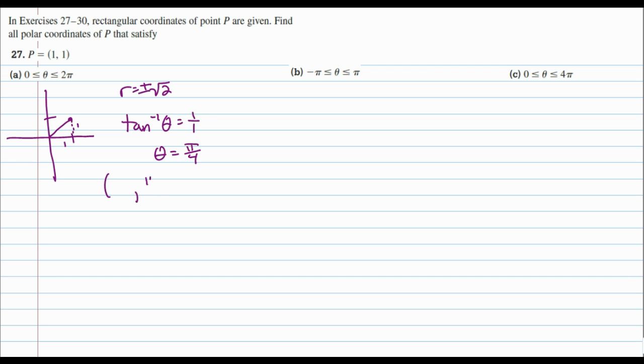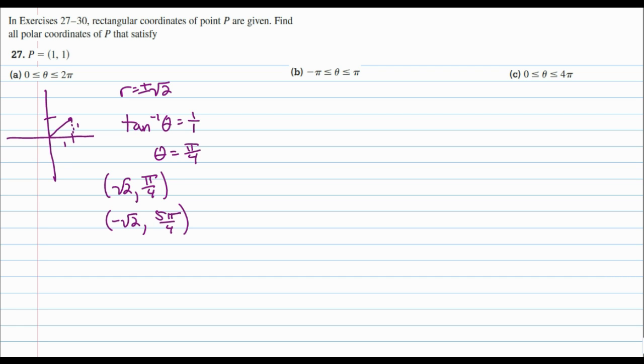If theta were pi/4, I could use √2 as a positive value because it would go along pi/4's terminal ray. But if r were -√2, I would have to use, again between 0 and 2 pi, so I'd go all the way around to, let's see, 5π/4. So those are my 2 options, the only options I have between 0 and 2 pi.